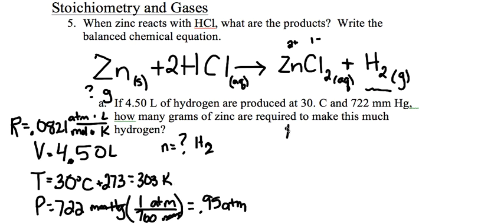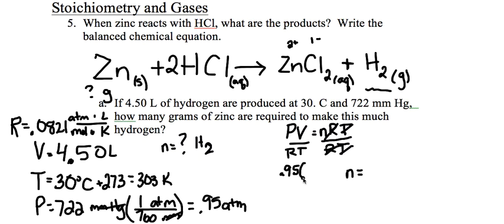So I'm going to write down my ideal gas law. PV equals nRT. I'm going to find the number of moles of gas by dividing both sides by R and T. If I divide both sides by R and T, R divided by R is 1, so that cancels out. T divided by T is 1, so that cancels out. And I get n equal to all the rest of my variables. So I have pressure, 0.95 ATM.